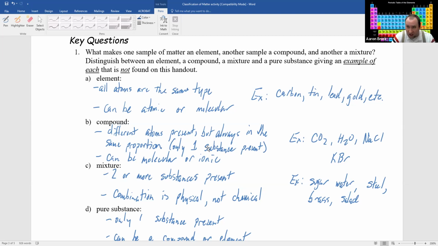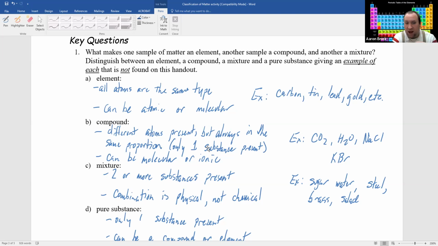Every single particle of that substance looks the same, whether they're all HCl's, whether they're all carbon dioxide, CO2, whether they're all sodium chlorides, NaCl's. They're going to have that uniformity in their composition, so I'm not going to be able to tell the difference between one and the other.